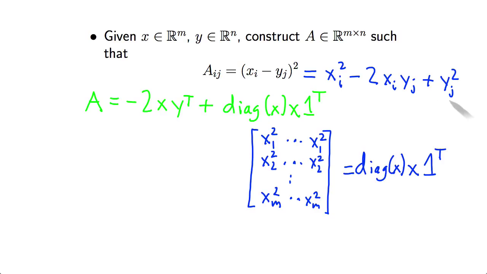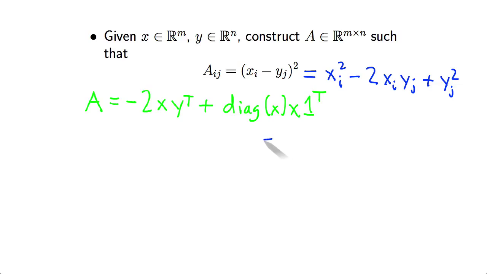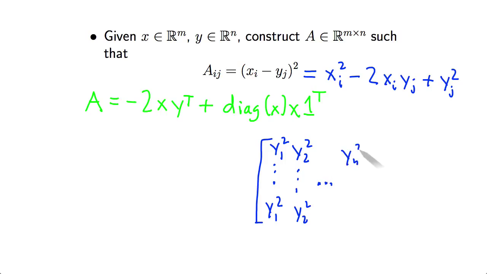Finally, let's look at the last term here, the yj squared terms. And that's analogous to this case, except that we want the constant values of yj squared to be in the columns of this matrix. In other words, we want a matrix where we have the whole first column being equal to y1 squared, the next column being y2 squared, etc., up to yn squared.